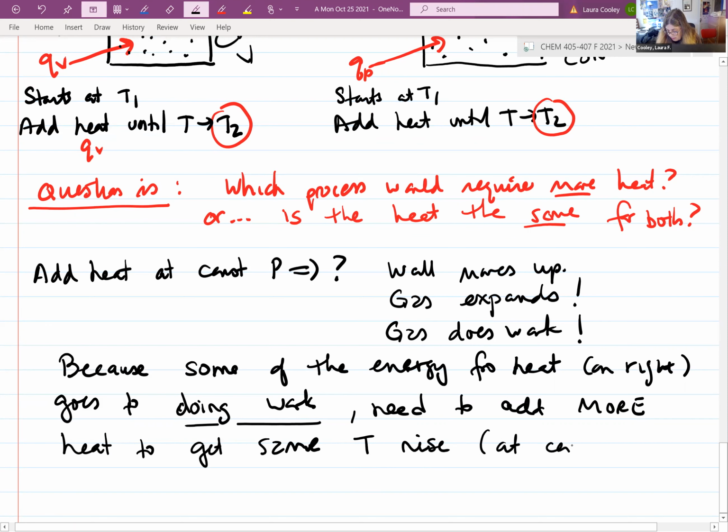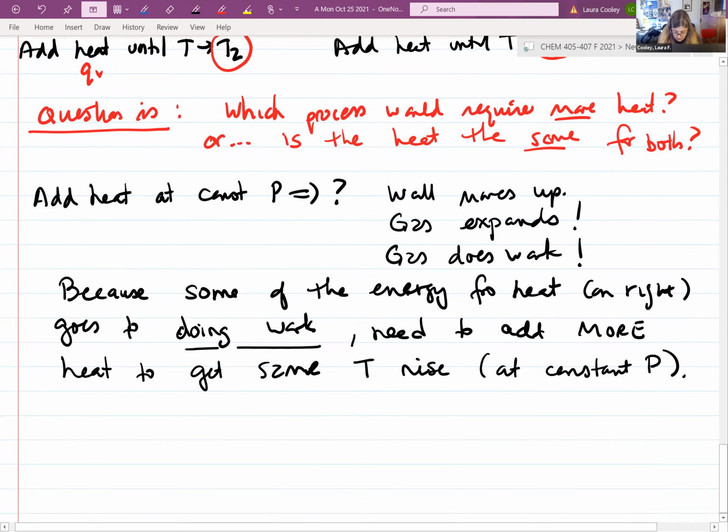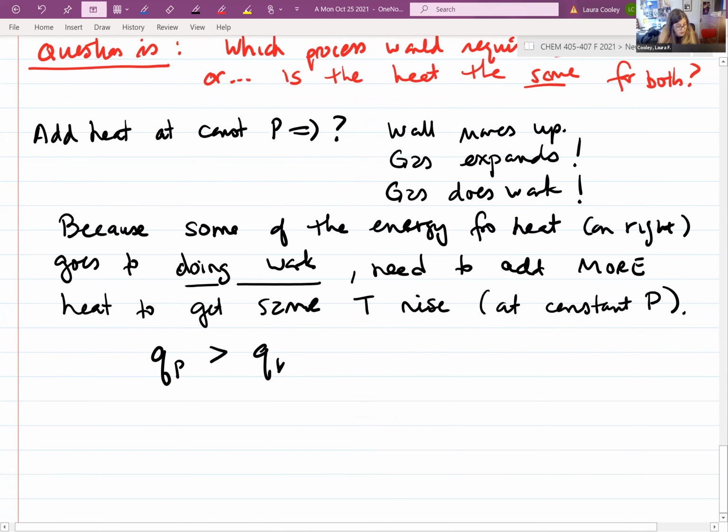And of course, I'm talking about at constant pressure. So that means that QP is greater than QV in this situation. Okay. Well, QP is nCP delta T. QV is nCV delta T.